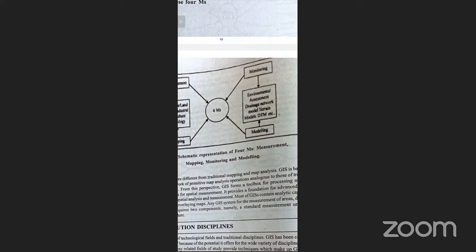There are some contributions and disciplines. GIS is a useful technological field in all the disciplines. GIS has been called an enabling technology because of the potential it offers for a wide variety of disciplines dealing with spatial data.